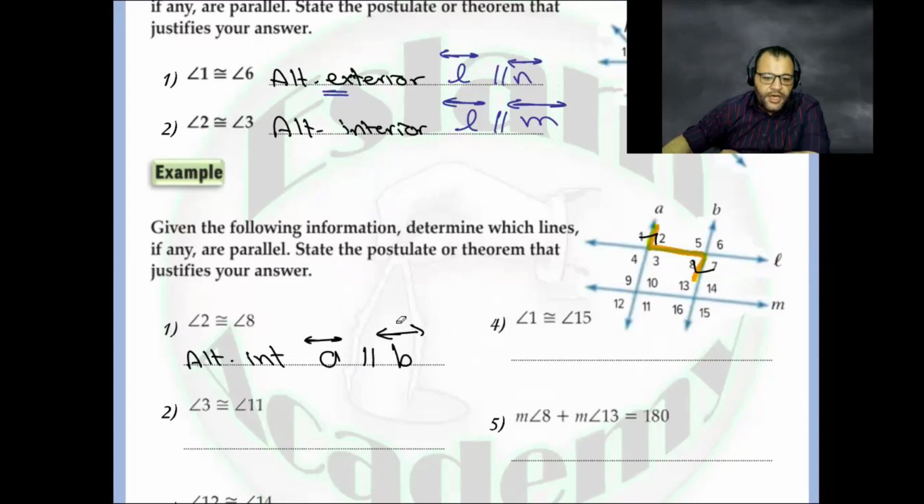Okay. Now we have angle 1 and angle 15. Alternate. How can you join between them? Could it be line L and M? I need one line, it's called one transversal. Is there any line joining between them?